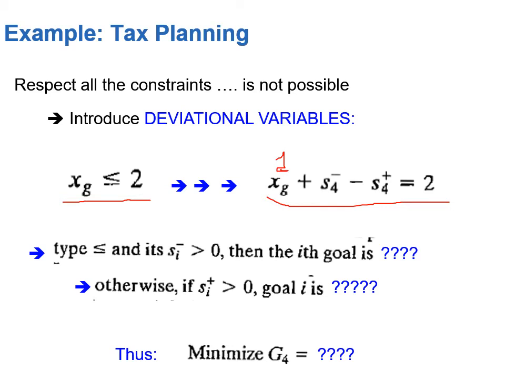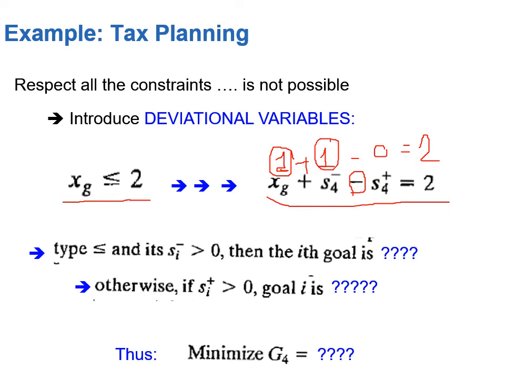Then in order to satisfy this constraint, since this S4 plus has a negative sign in front of it, and both of these variables should be greater than or equal to 0, the only way to satisfy this constraint is to have this S4 minus equal to 1, and this S4 plus equal to 0, so that the constraint is satisfied. Okay, so if the xg value is 1, then S4 minus should be equal to 1.